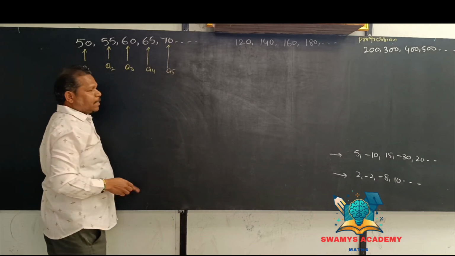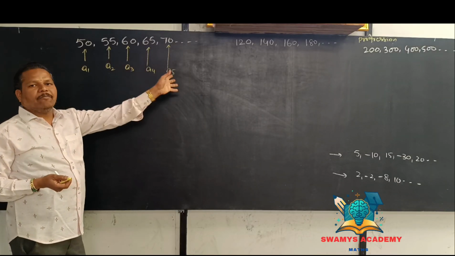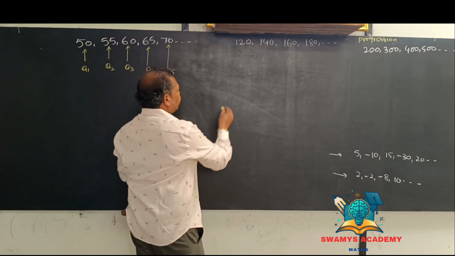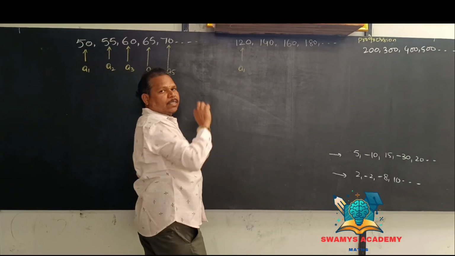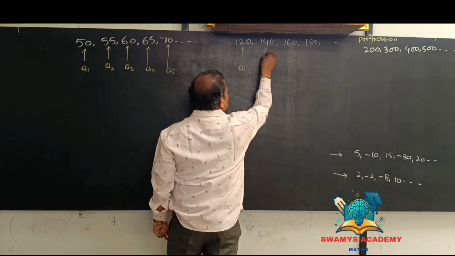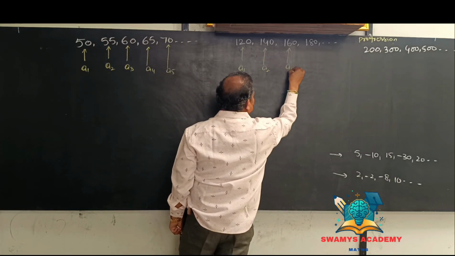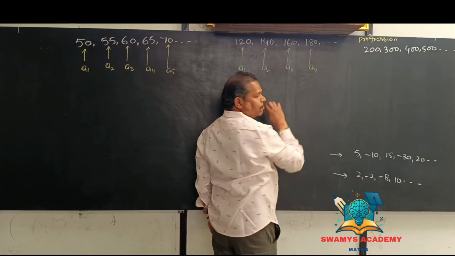So the terms in any type of progression are represented as A1, A2, A3, A4, A5 and so on. In the same way here also, the first term A1 value is 120, second term A2 value is 140, third term A3 value is 160, fourth term A4 value is 180.